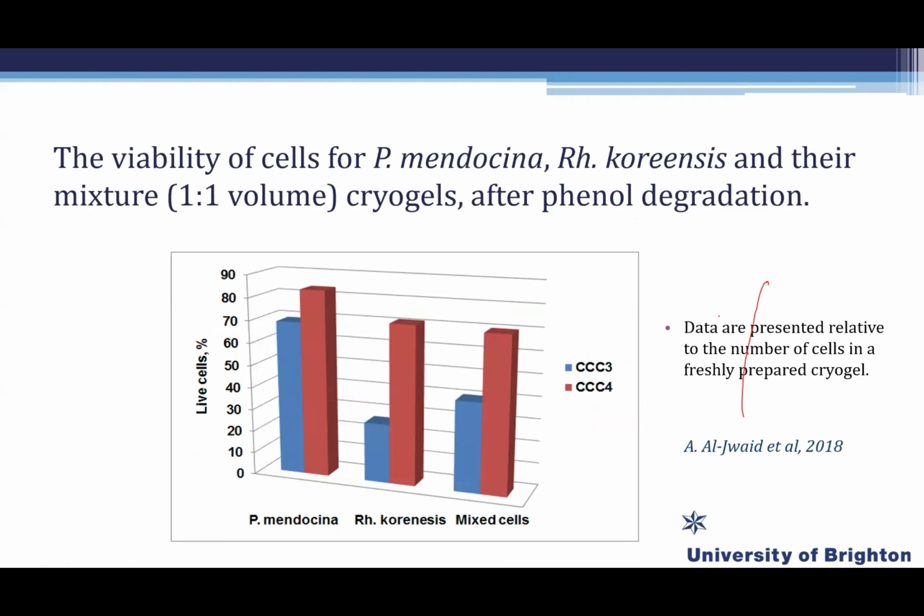Then the viability of the cells was tested as well after exposure to the phenol. This graph shows how the different cells respond, the number of the cells after the phenol degradation. And we also see CF3 and CC3, which are different cross-linkers. So the cross-linker definitely has an effect on the stability of these systems.